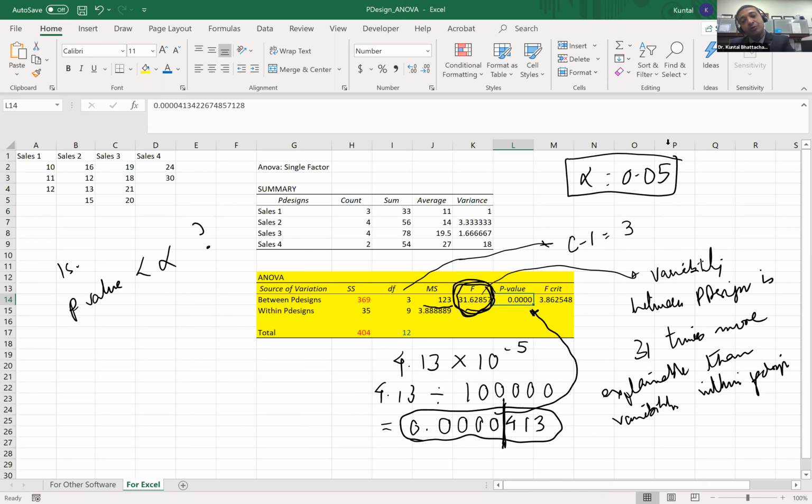So once you're able to conclude something like this, then you can look into which one of those package designs actually makes a difference. There are multiple tests out there. I don't want to go that track yet because I want to build on this knowledge base and move into regression directly for this class. But do understand that there are tests like Tukey and Bonferroni that can actually help us identify this.